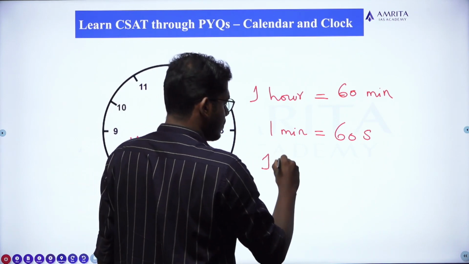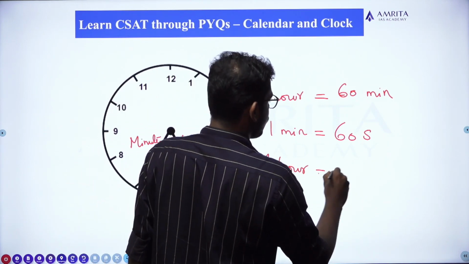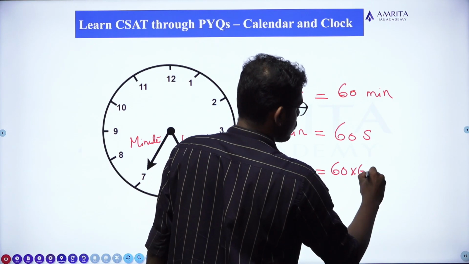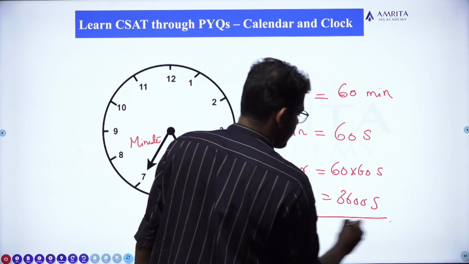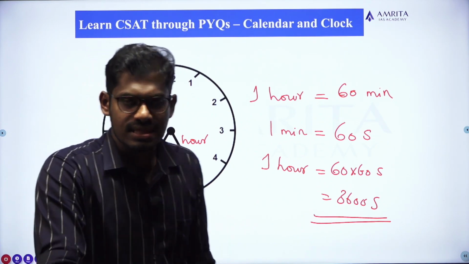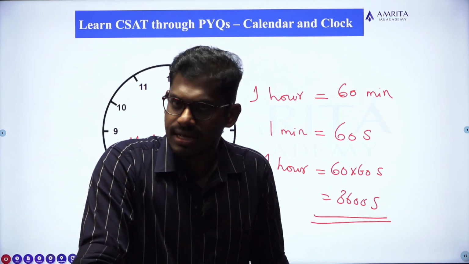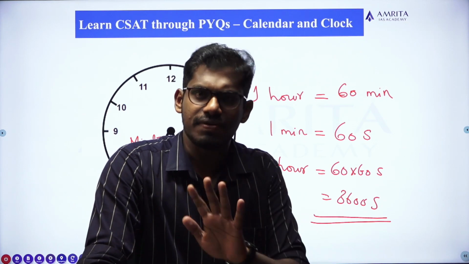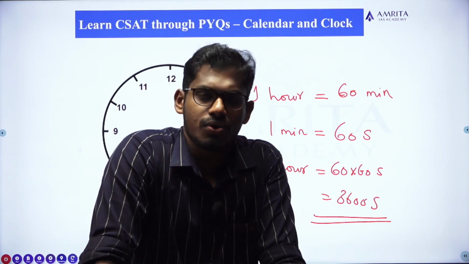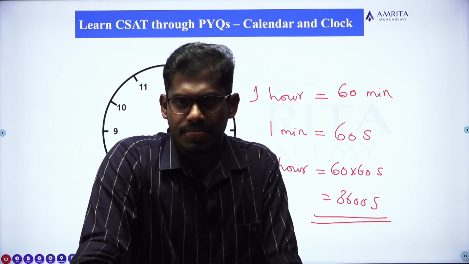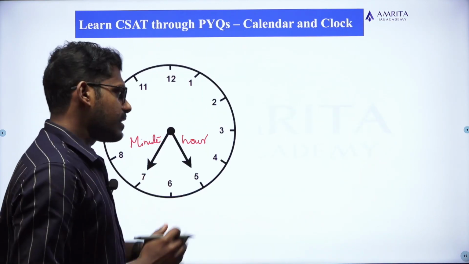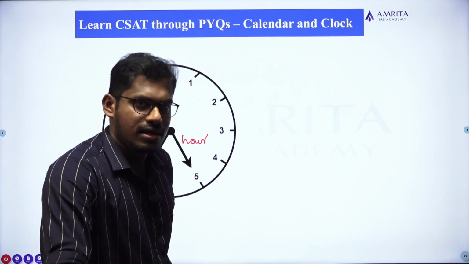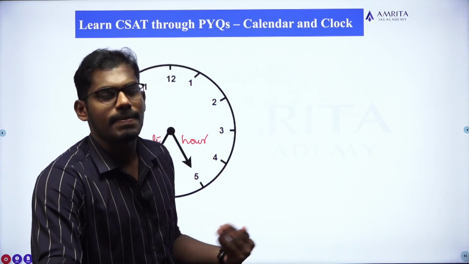Hence we can write 1 hour is equal to 60 into 60 seconds, that is 3600 seconds. So 1 hour is 3600 seconds. Clear? This is a basic idea. All of you must have known this idea.